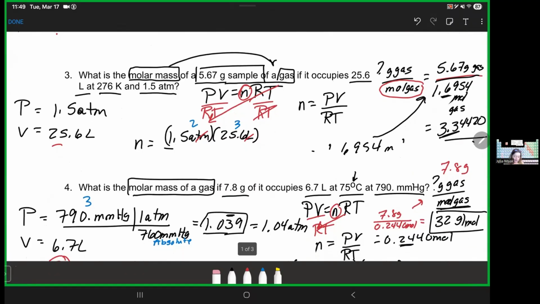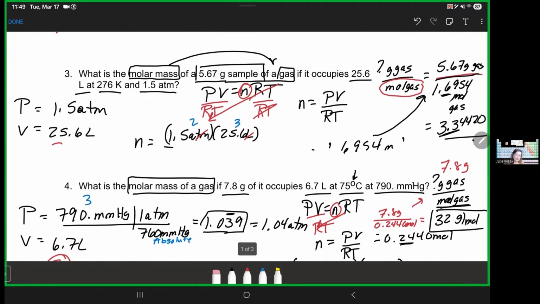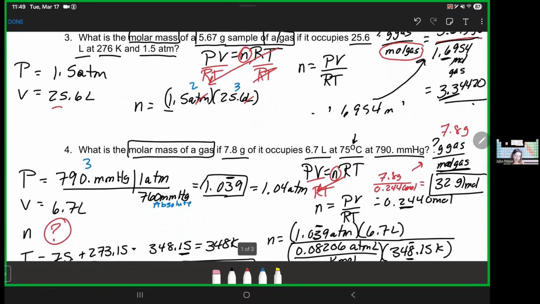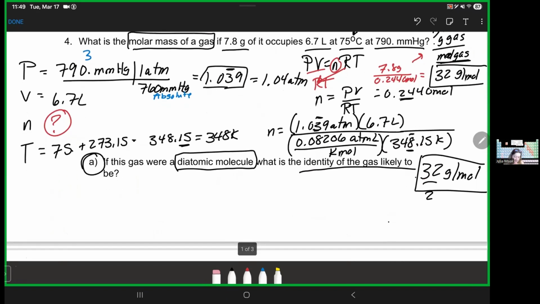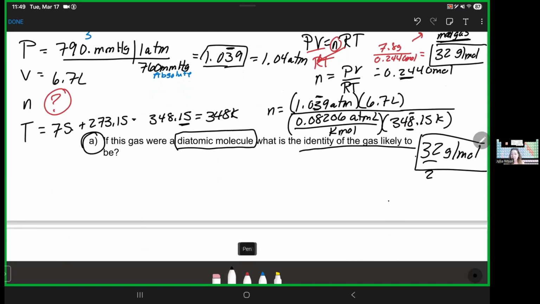I did 2 of those where you're given the mass of your gas. This one up here, I erased it, but I didn't ask you to identify the gas because I don't know what weighs 3.3 grams per mole. But this one, because we could figure it out, if it's going to be easy to figure out, your instructor will have you identify what that gas is.